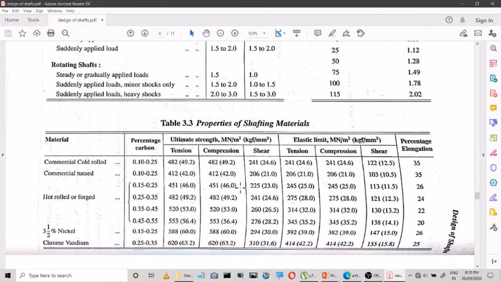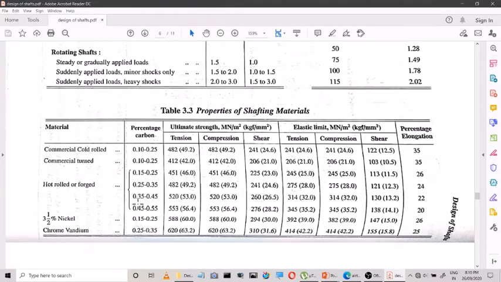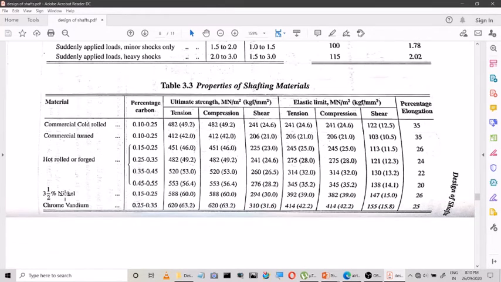Suppose the material is not provided, then you can refer to the properties of shafting materials: commercial cold rolled shaft, elastic limit 241 in tension, 241 in compression, 122 in shear, and percentage elongation 35. Then hot rolled or forged steels, 3.5% nickel, and chrome vanadium shafts.